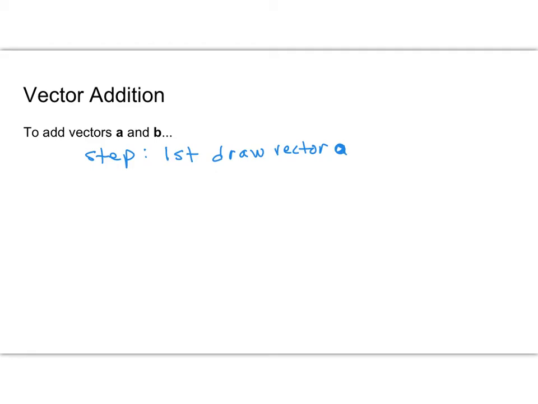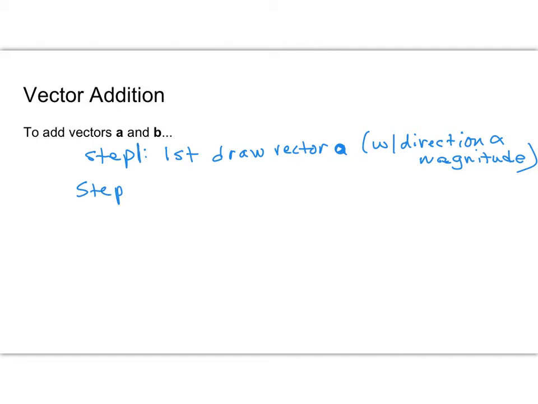Okay, vector A, and it has to have a direction and a magnitude that represent that vector.